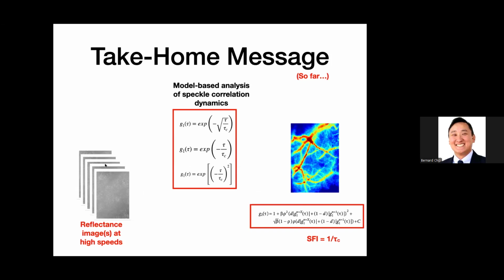We're getting a lot of images very fast, over a short period of time overall. We're assuming three different correlation decays, measuring G2, and then doing fitting to try to get out, at the end of the day, some sort of flow value that's corrected for all these different things going on.